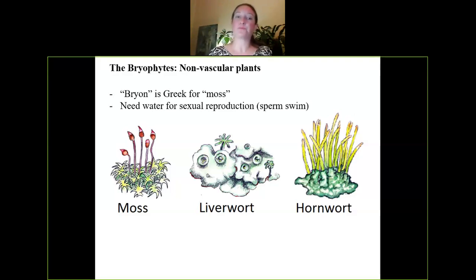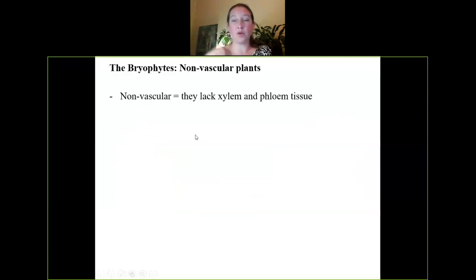Non-vascular plants, all three of these guys, require water for sexual reproduction. So the sperm of these plants swims, and it needs water in order to swim to the egg. But the word saying that they're non-vascular actually refers to this. These plants do not have xylem tissue, and these plants do not have phloem tissue.